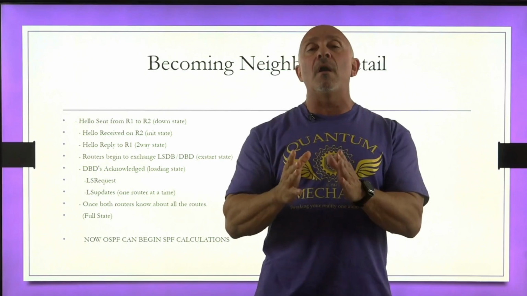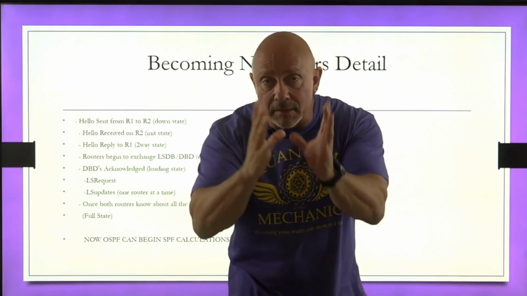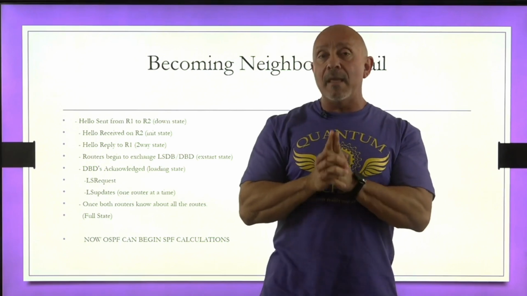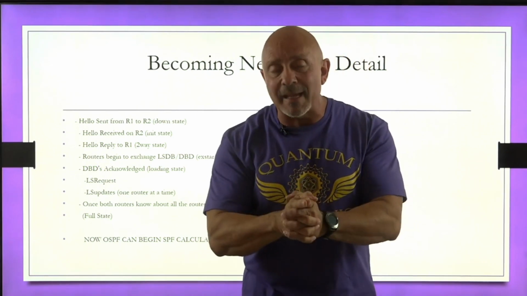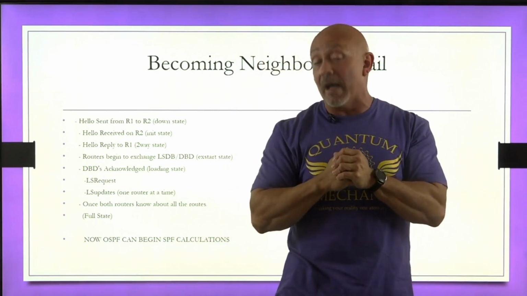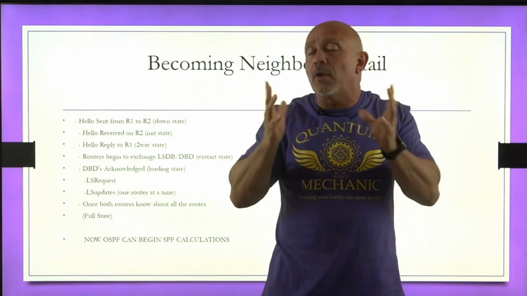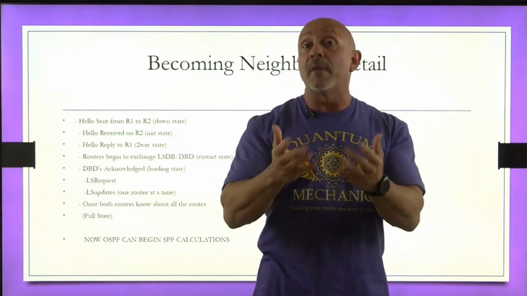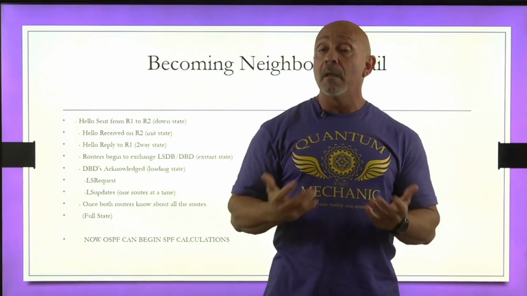Because everybody updates the DR through the multicast address of 224.0.0.6. And then he will update everybody else through 224.0.0.5. All right, that's the whole reason, because that designated router picks up everything. That's why there's a backup designated router as well.